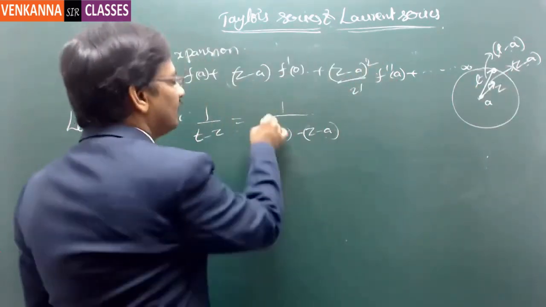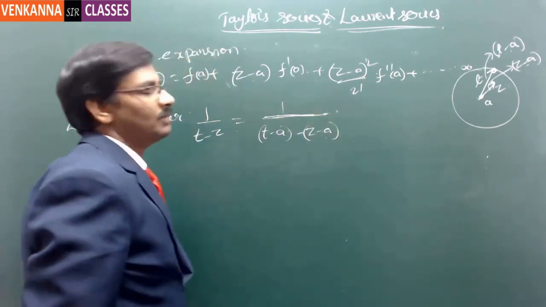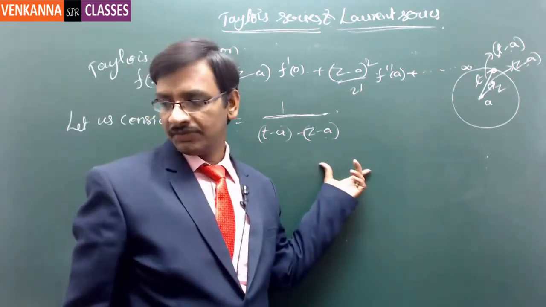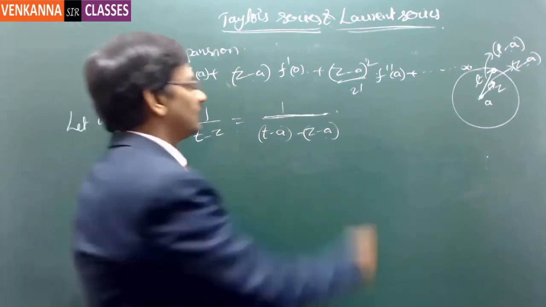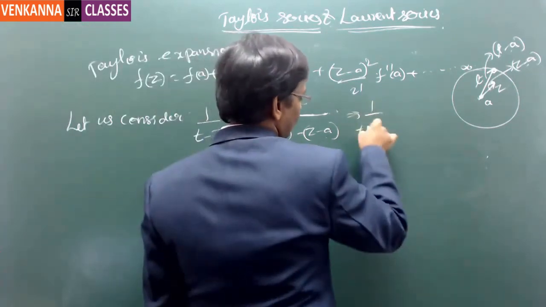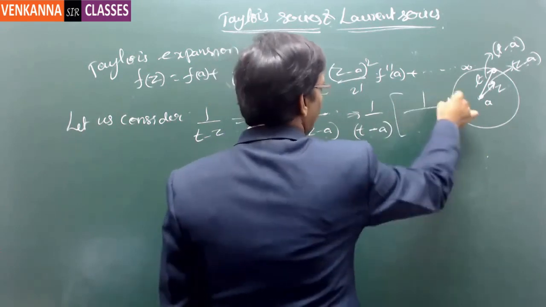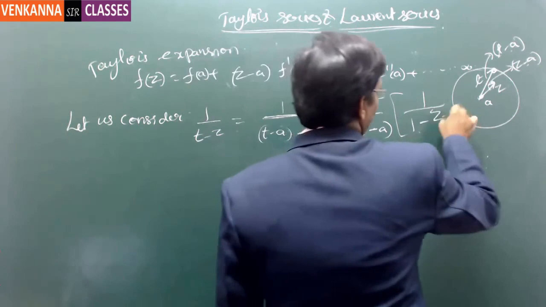Keeping that in mind, if I want to make the ratio between z minus a and t minus a less than 1, so that I can find a convergent series, then I take t minus a out. 1 by t minus a, if I take it out, then this value will be 1 by 1 minus (z minus a by t minus a).